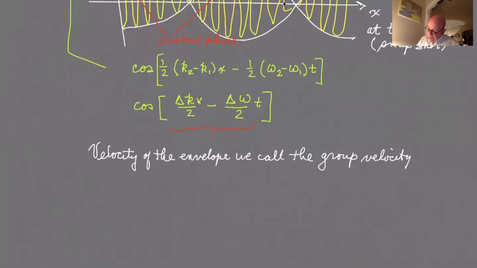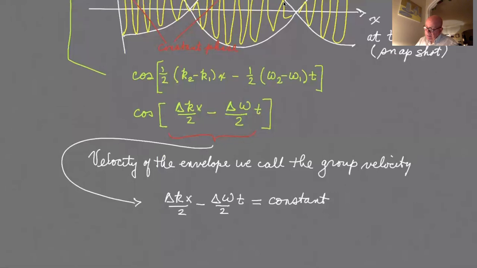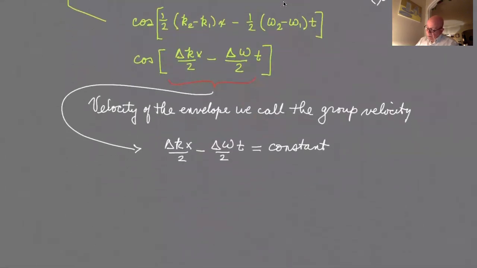And so if we now look at that, the same way we did before, this is going to be delta k x over 2 minus delta omega over 2 times t is equal to some constant. These red dots up on this curve.